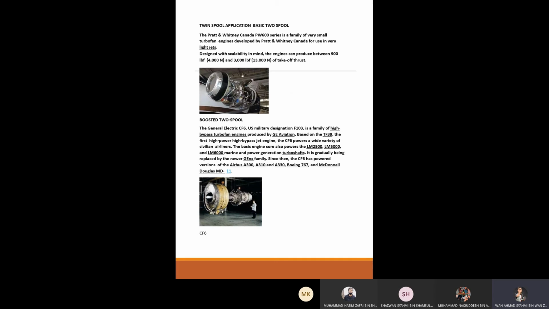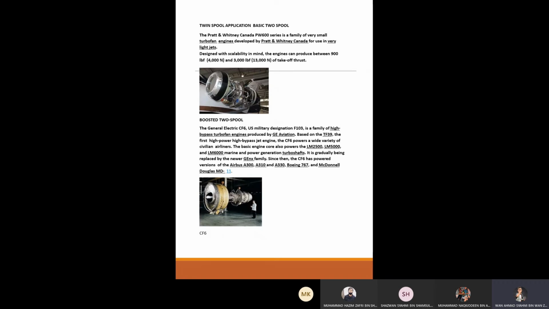The General Electric CF6 is produced by GE Aviation. The CF6 powers a wide variety of civilian airliners. The basic engine core also powers the LM2500, LM5000 and LM6000 marine and power generation turboshafts.